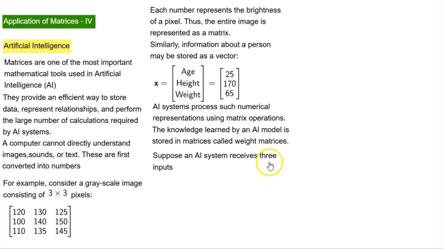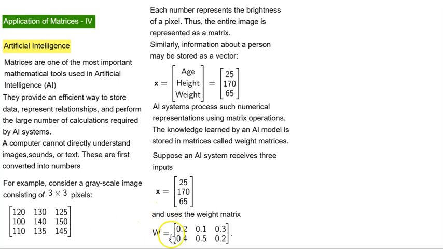Suppose an AI system receives 3 inputs, 25, 170, 65, as a matrix, and uses a weight matrix W equal to a 2 by 3 matrix. Remember, this is 3 by 1. This is 2 by 3. So the order of these matrices should match for multiplication.